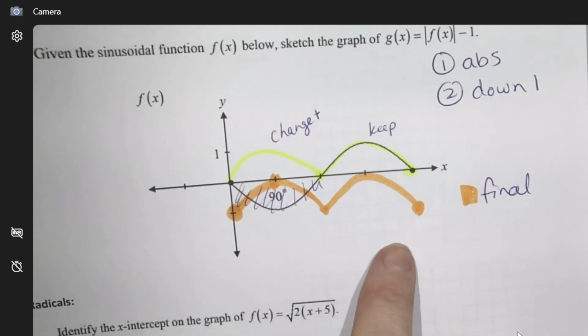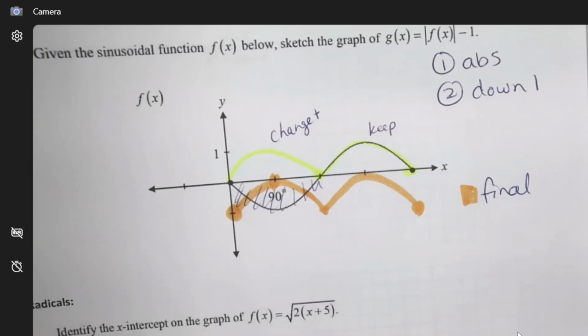Okay, so the orange graph that I drew there, that's my final graph. Okay, so does that make sense? Make sure you do the order. When I do absolutes, I actually draw and then draw.